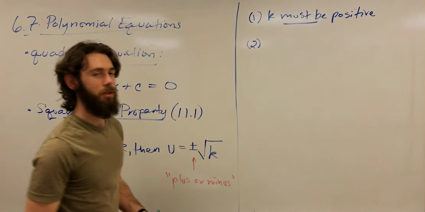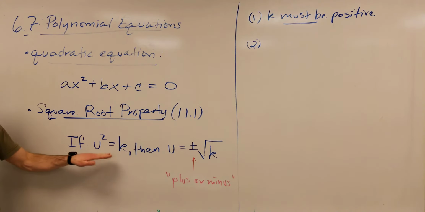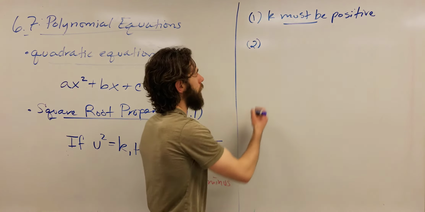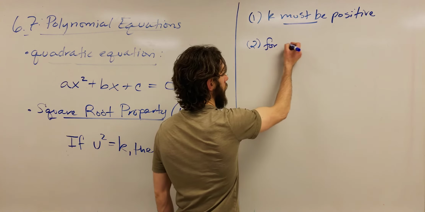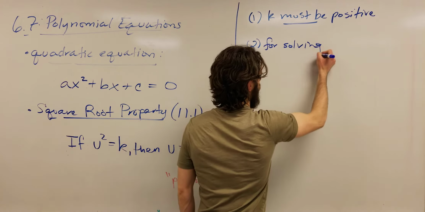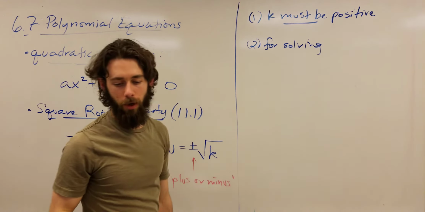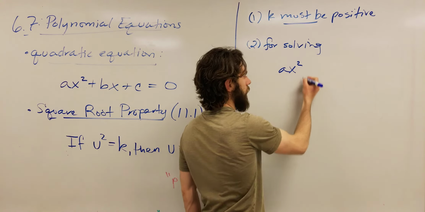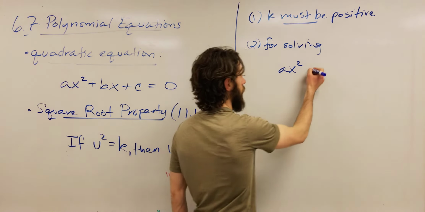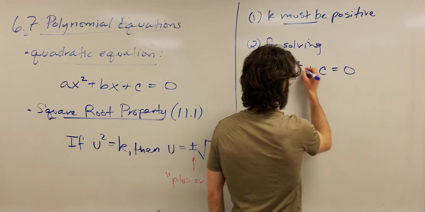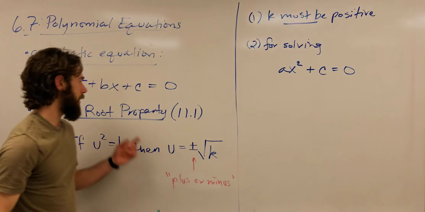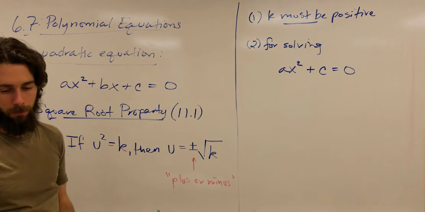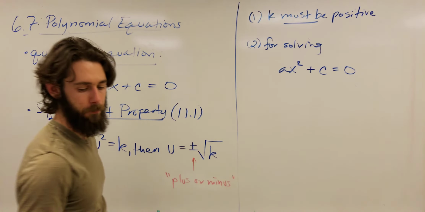And then what's the time when we want to use this rule to solve an equation? So this is for solving any time you have a quadratic equation like this: ax squared plus c equals 0. So it's like this one, but there's no middle part, right?